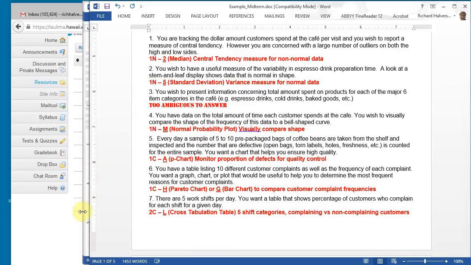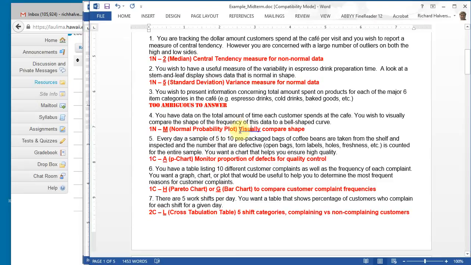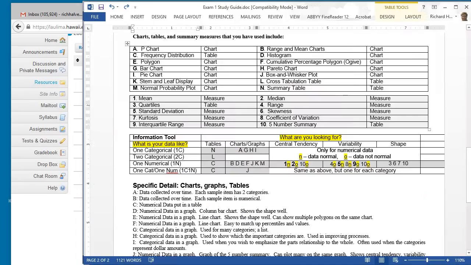So let's go back to our study guide. If we look at the shape column here, we see one numerical variable, 3, which is quartiles. We actually want to compare it with the bell-shaped curve. So 3 does not do that.